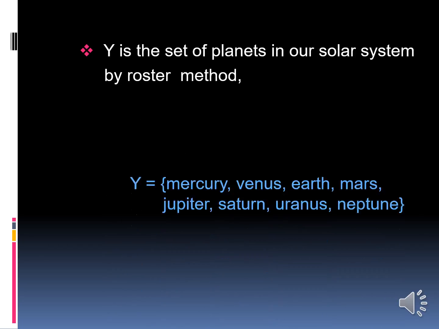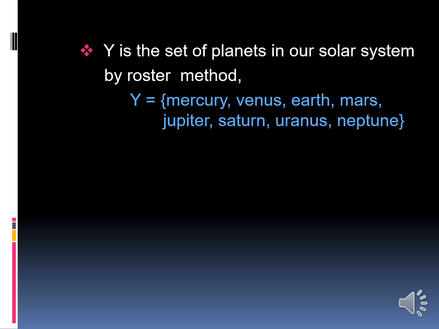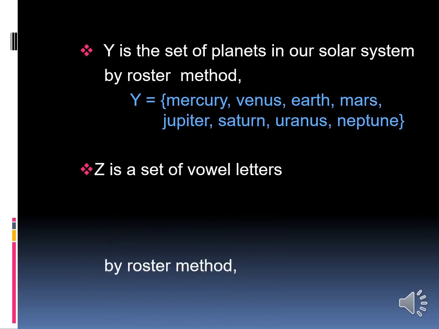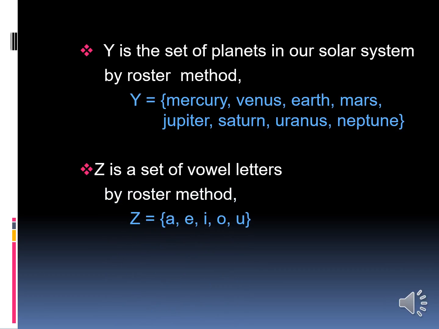By roster method, Y has the elements Mercury, Venus, Earth, Mars, Jupiter, Saturn, Uranus, Neptune. Z is a set of vowel letters. So by roster method, we write Z has the elements A, E, I, O, U.